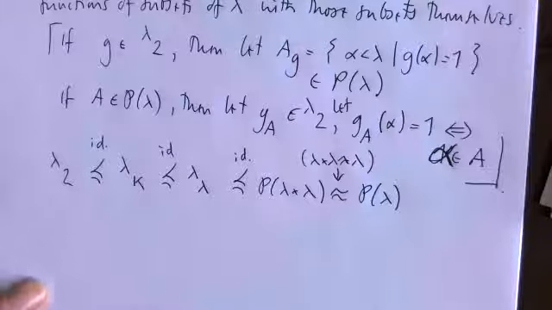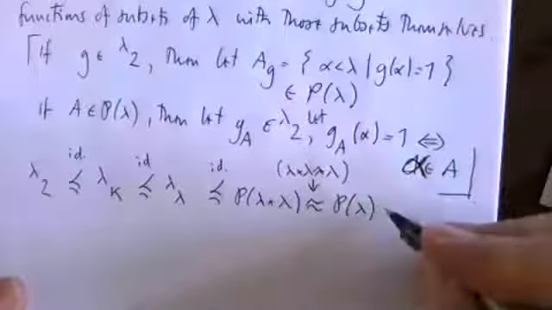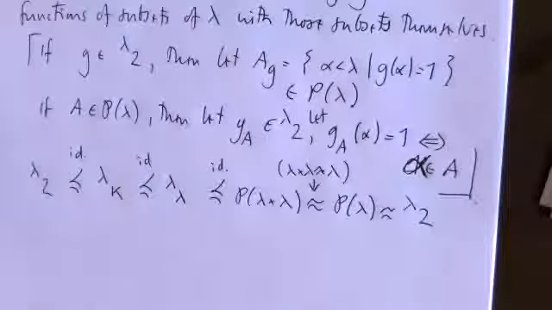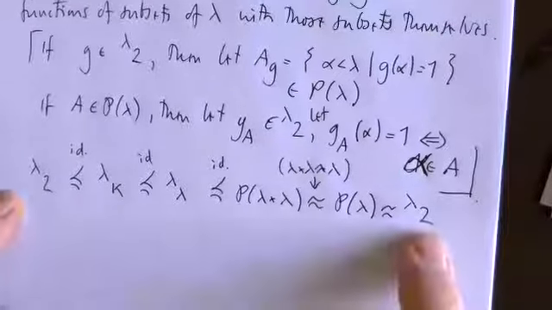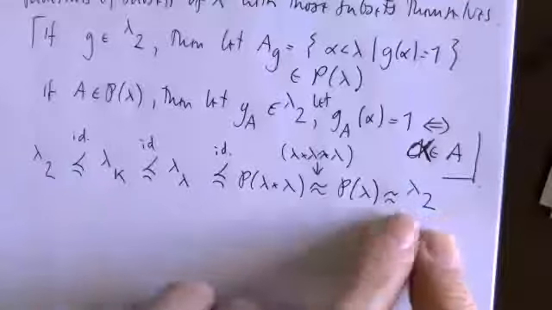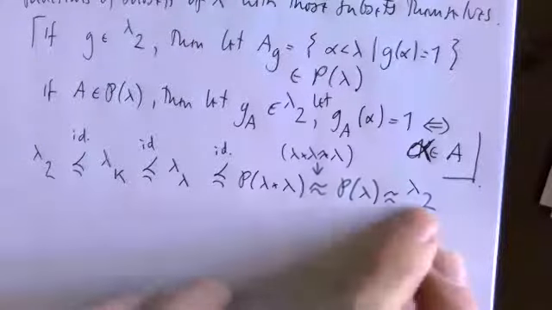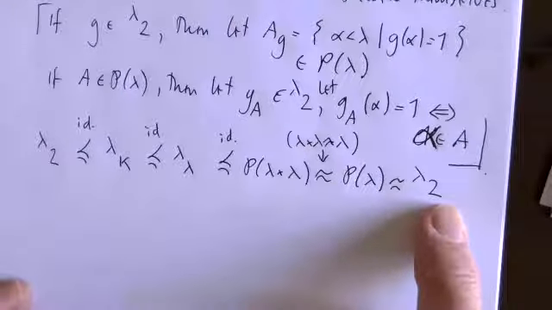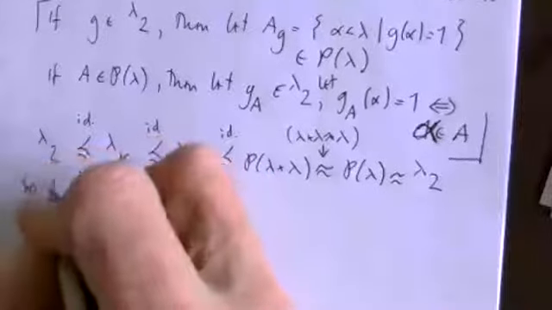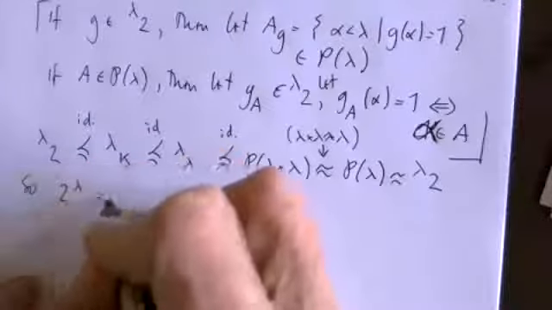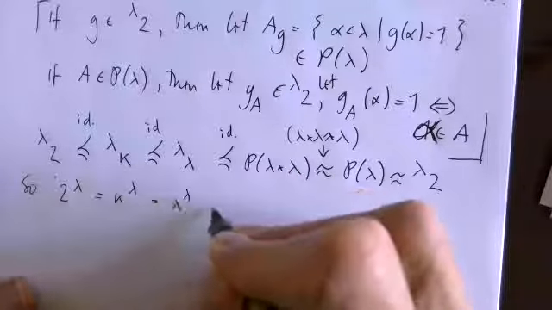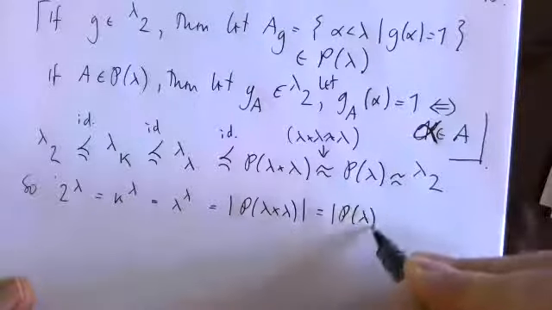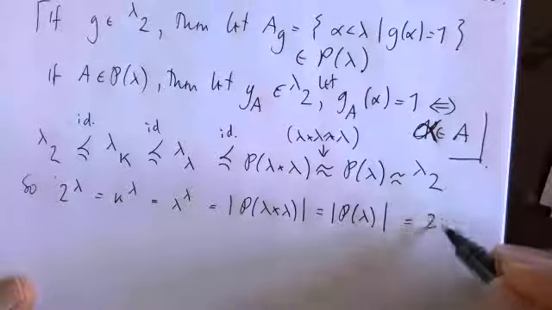And this we were just discussing above is bijective with 2 to the lambda. So in fact, we've got here 2 to the lambda and here 2 to the lambda. So actually all of these things are going to have the same cardinality. And this bit, which I don't really need, here, and again, here, 2 to the lambda.